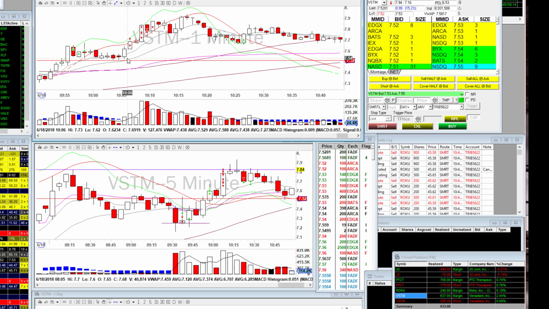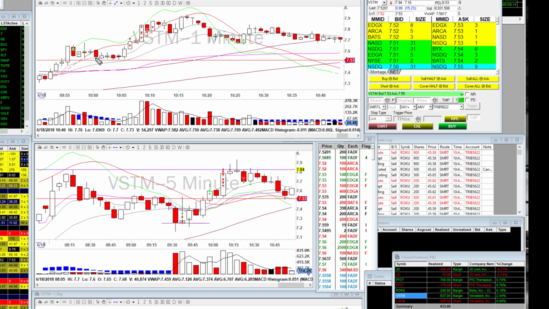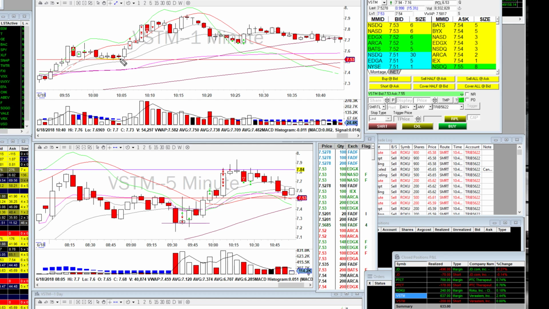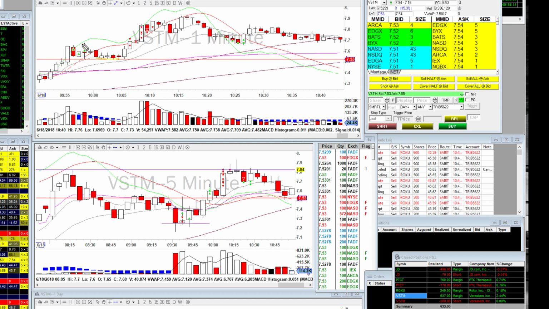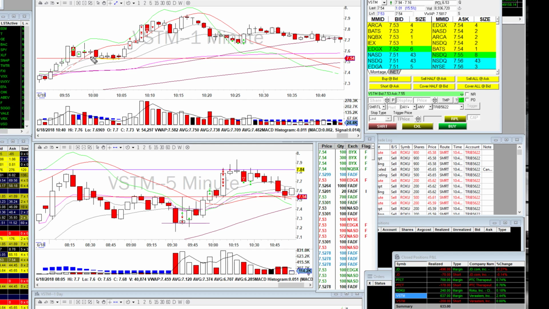So maybe the better entry would have been if I waited for the pullback along the moving average, when I verified that it's most likely not going to break below the 9 EMA. So it's a little risky here where my positions are. I should have probably just entered once and kept the position instead of adding more.